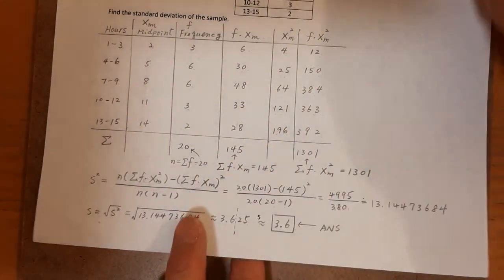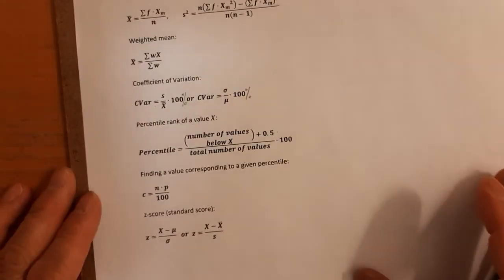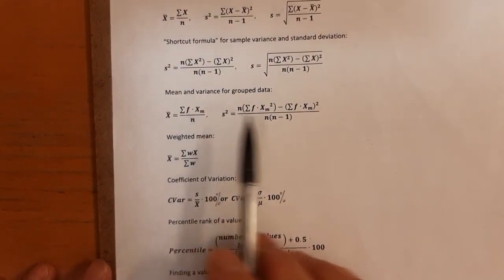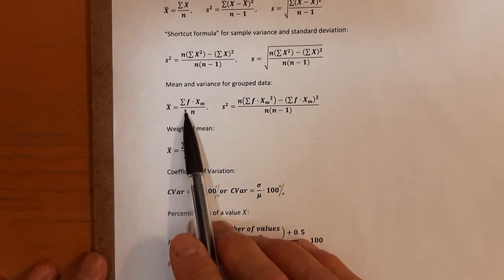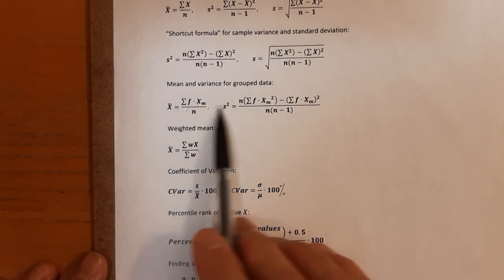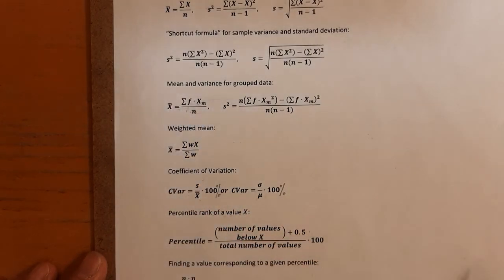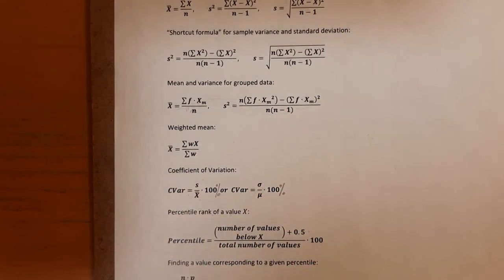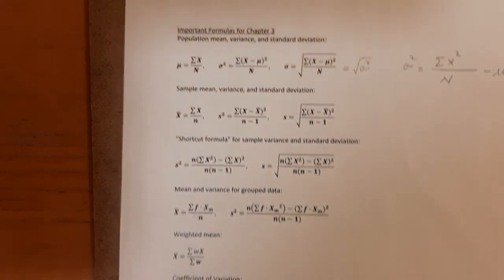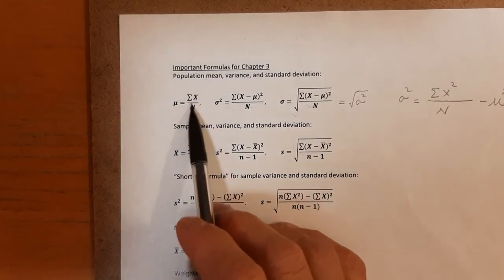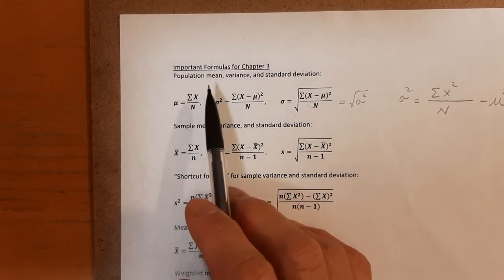And this formula is also listed on the formula sheet. This is the mean formula: f times midpoint summation divided by how many numbers is the mean. This is the variance formula we use. So far, those formulas are summarized over here. First one is the population mean, summation of data divided by how many data.